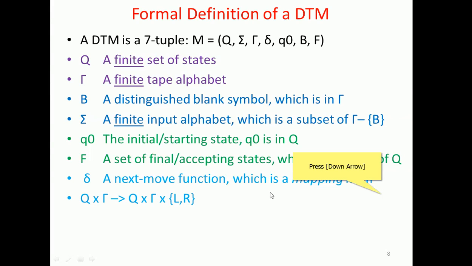So this is exhaustive: the maximum number of transitions possible. How many are those? Q into lambda into left and right.